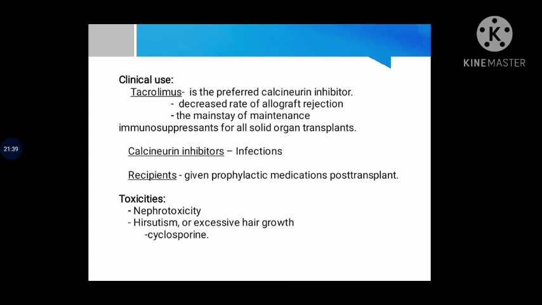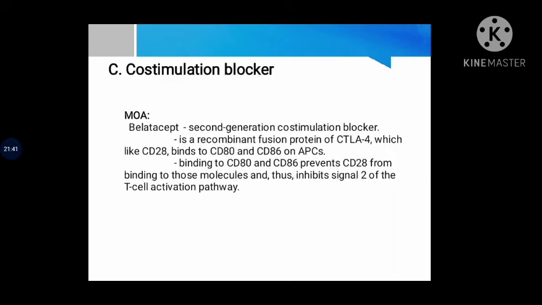The next one is costimulation blocker. So the drug that belongs to this immunosuppressant is belatacept. A second generation costimulation blocker is a recombinant fusion protein of CTLA4 which, like CD28, binds to CD80 and CD86 on APC.